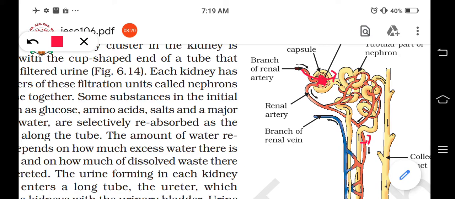Now some of the unwanted materials, like what, urea or extra salts, etc., are secreted back from the blood capillaries to the tubular part of the kidney by a process called tubular secretion.